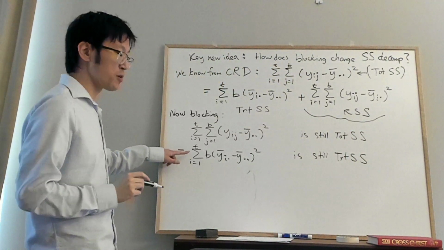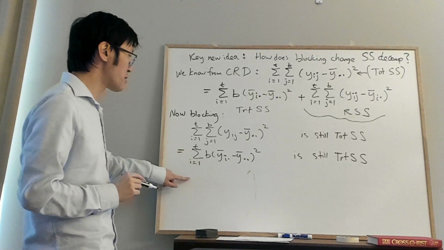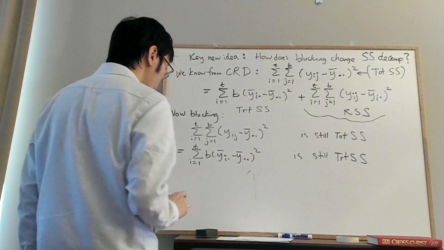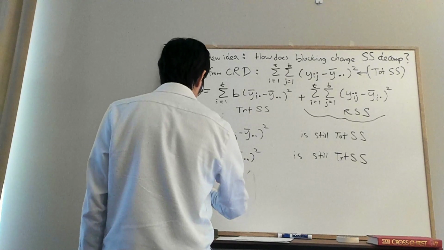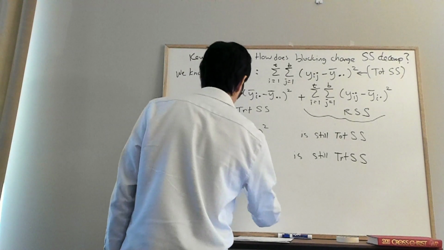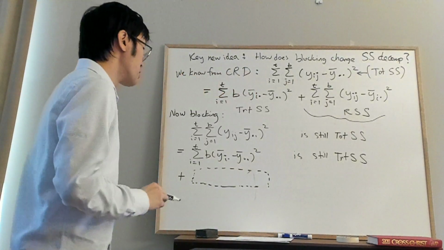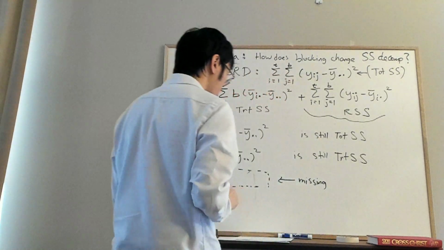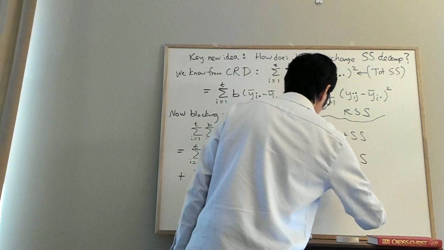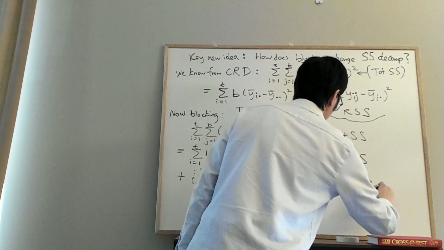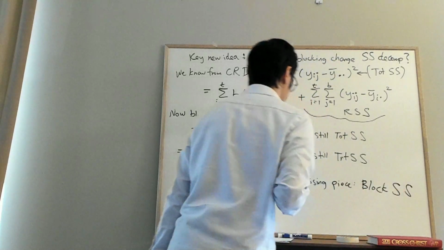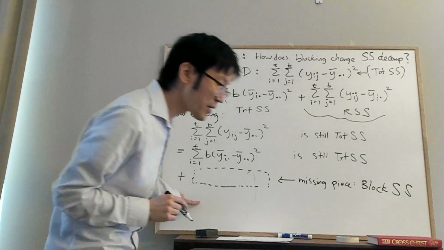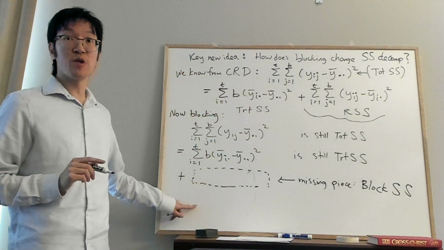Now where we're getting to is that there's going to be a new piece, which is the block sum of squares. I'm just going to put an empty thing here because we're going to fill it in later. We don't know what this one is yet. This missing piece is the block sum of squares, which we'll find out very shortly. The last one is the residual sum of squares.